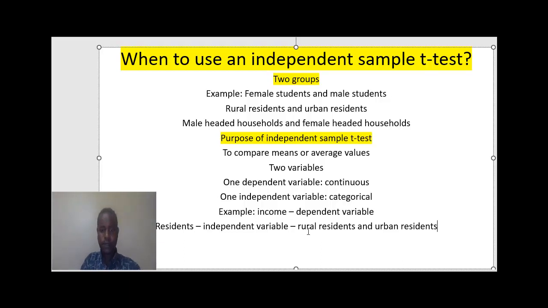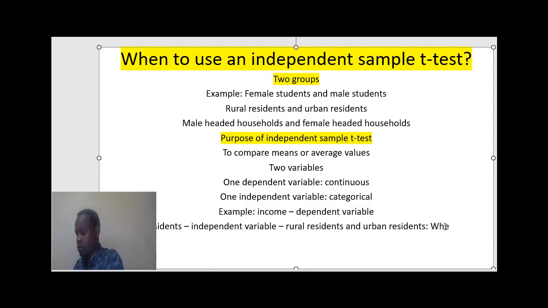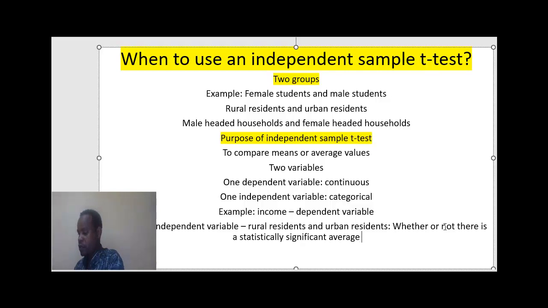Okay, like when we take this example, income is the dependent variable, and resident is the independent variable, and our interest is whether there is a statistically significant average income difference between rural residents and urban residents.